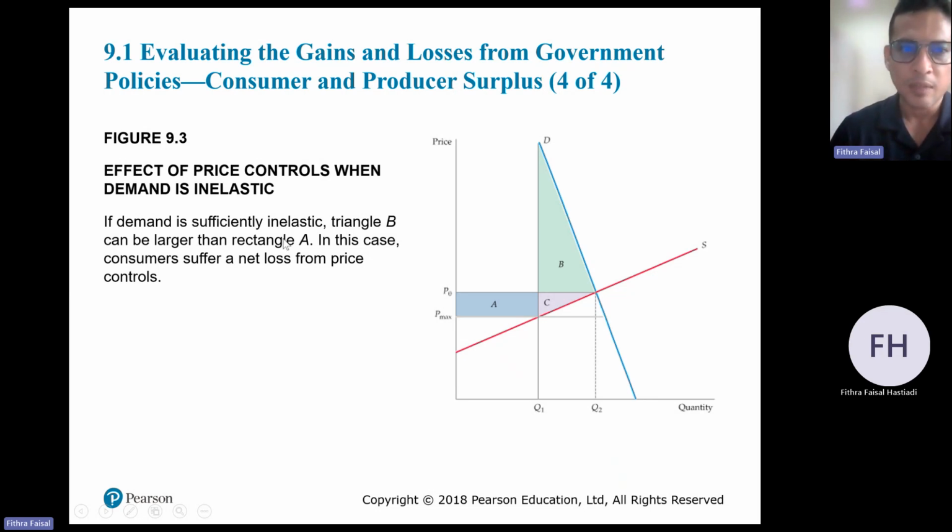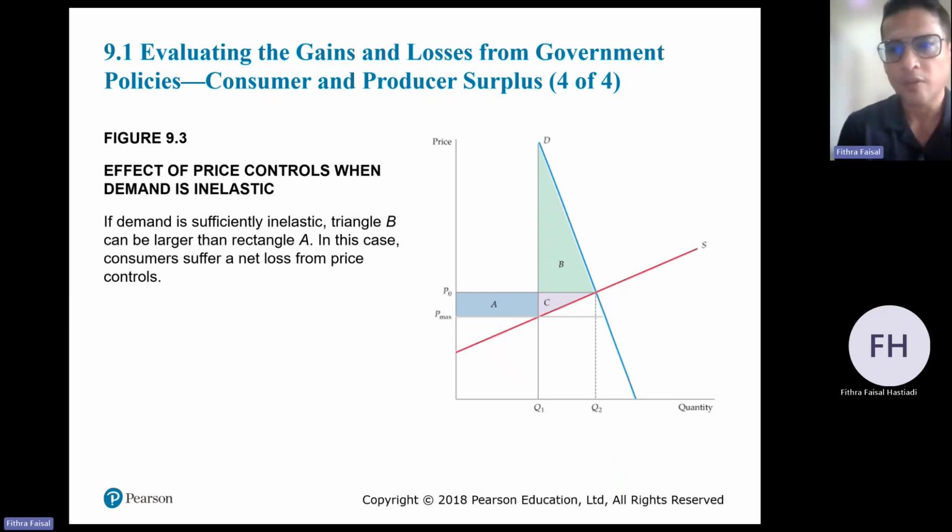So triangle B can be larger than rectangle A. Why? Because now the producers reduce the production. We have this consumer surplus over here, but at the expense of the B part because of the inelastic demand. So the overall negative effect to the economy is quite big.